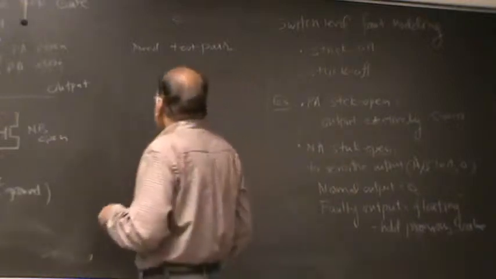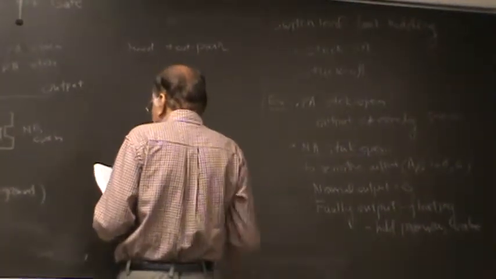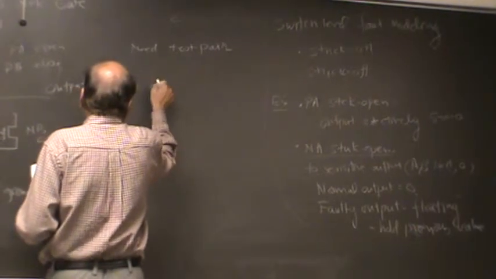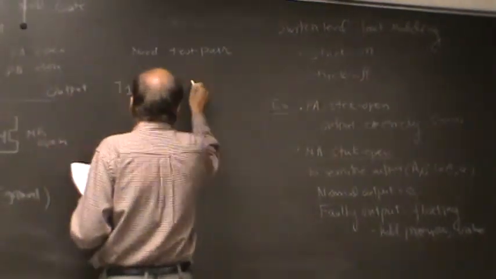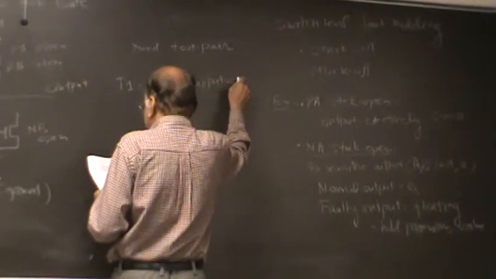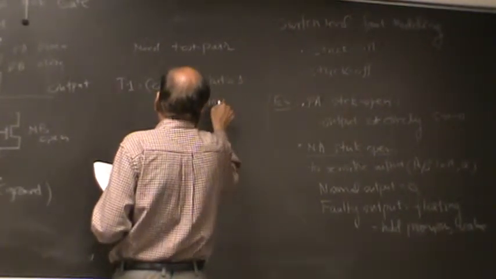So you need a pair of vectors, and the test pair is going to be: T1, you apply 0, 0, and the output in this case is going to be 1. This basically initializes.